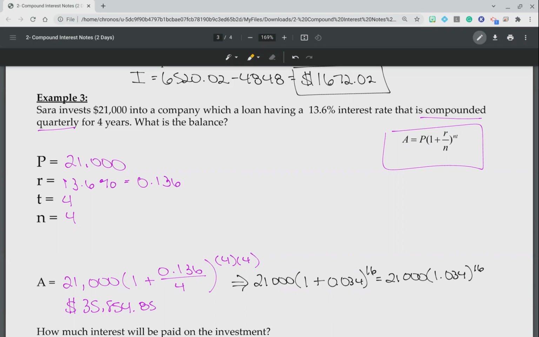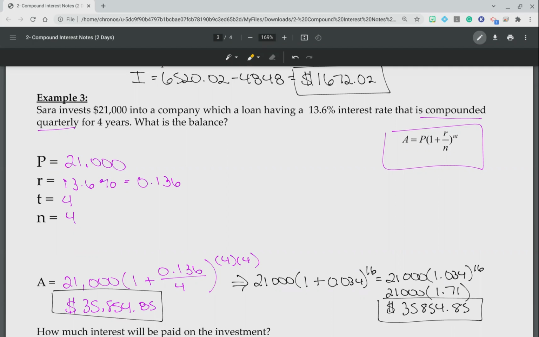All right, so please excuse my dear Aunt Sally, you have to get rid of the parentheses first. So I'm taking 1.034 and taking that to the 16th power. And I get 21,000 times 1.71. Multiply those together and you should get something very close to what we got over here. And I did, I got $35,854.85. Okay, so you should get the same thing.